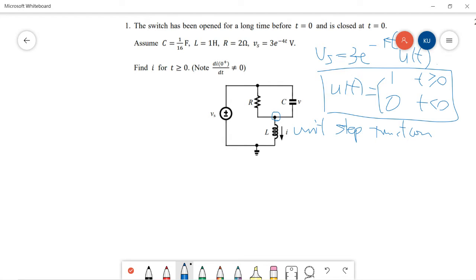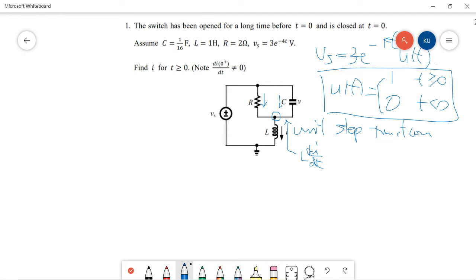So there are 2 currents going in and 1 current going out, the current which is I. For this current, actually, if you're familiar with it, this voltage here would be L di/dt.